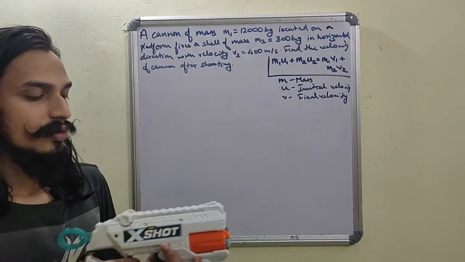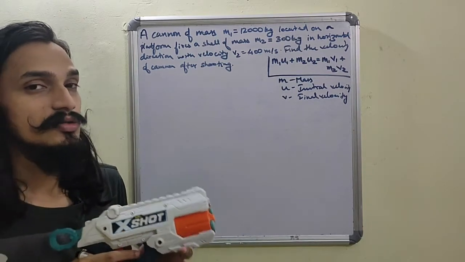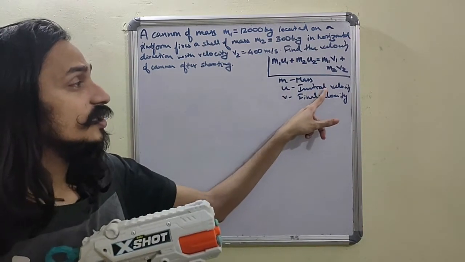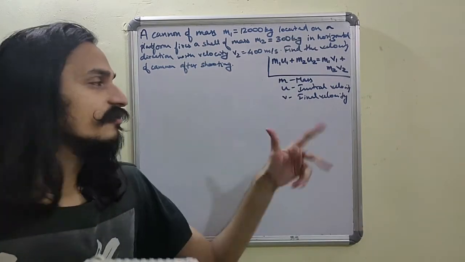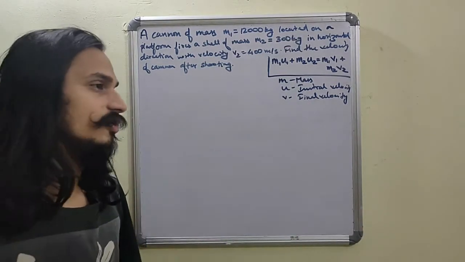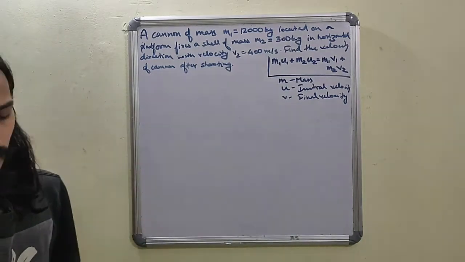Initially, remember, the gun is not moving, the bullet is also not moving. So we need to talk about initial velocity before firing. Okay, and after firing comes the final velocity. That is what it's trying to tell us.